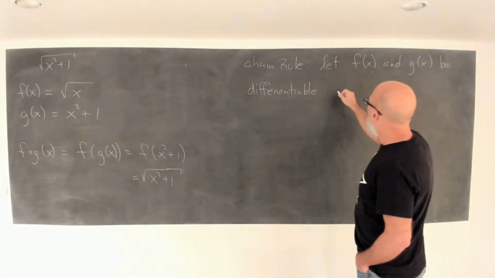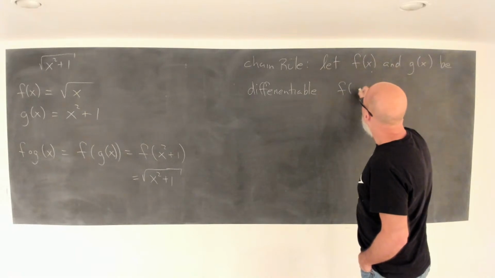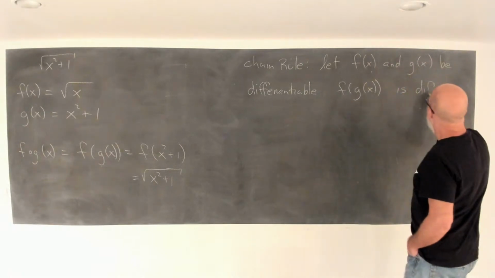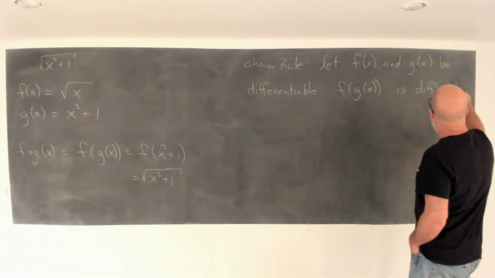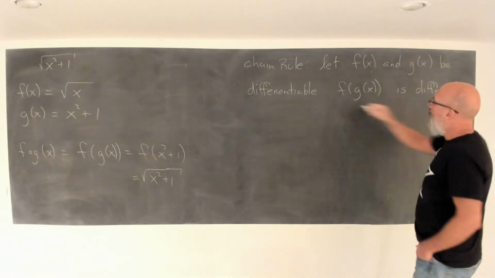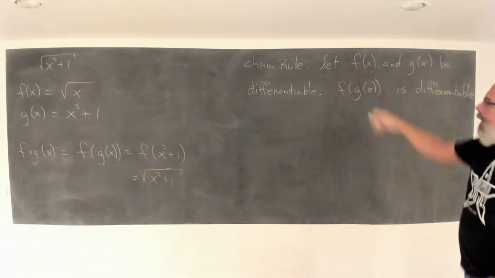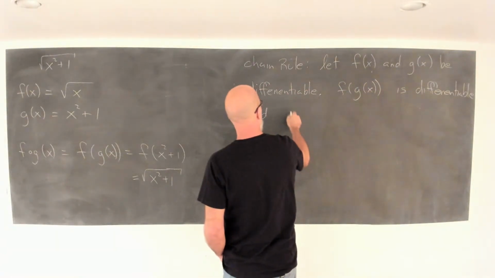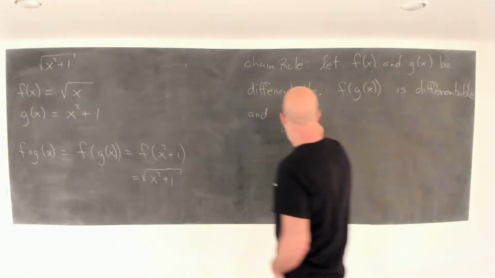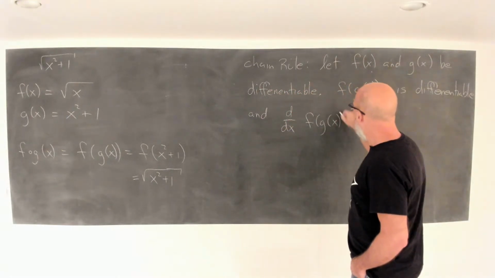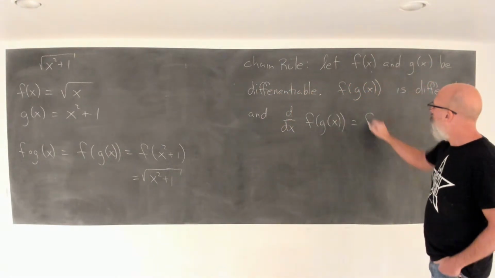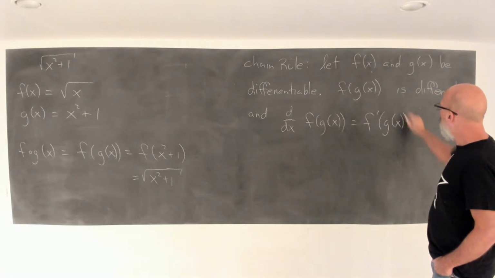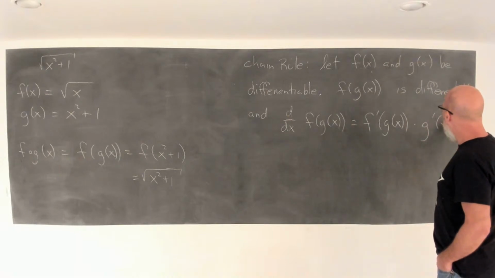The composition f of g of x is differentiable, and its derivative is f prime of g of x times g prime of x.